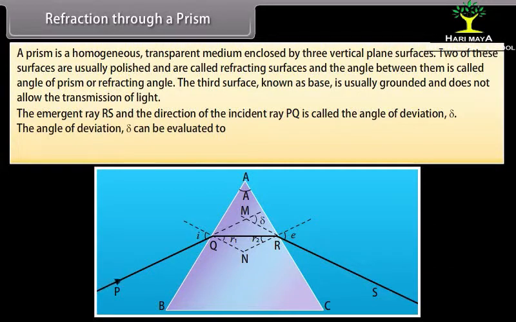The angle of deviation delta is given by delta equals i plus e minus A.